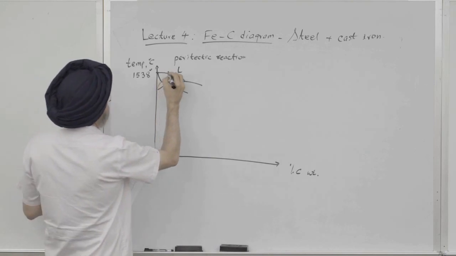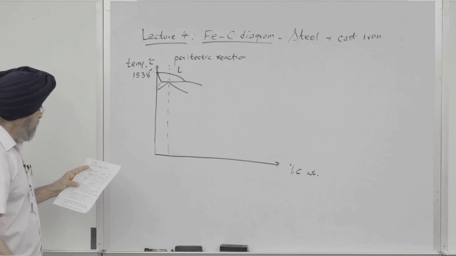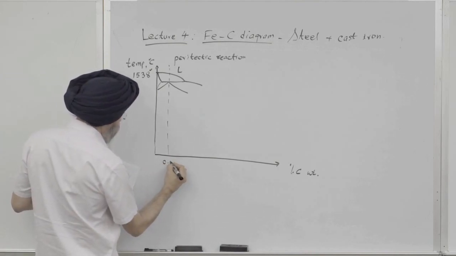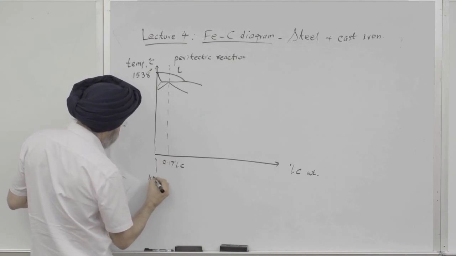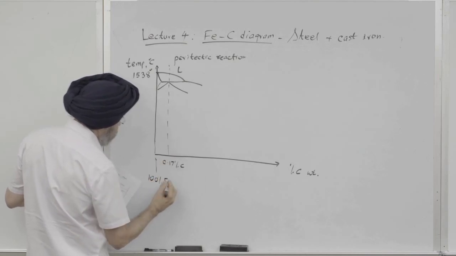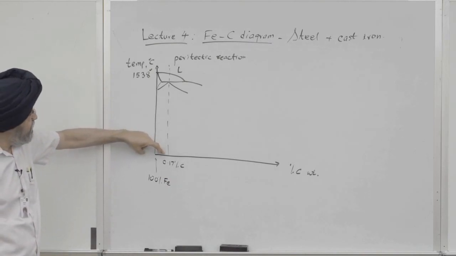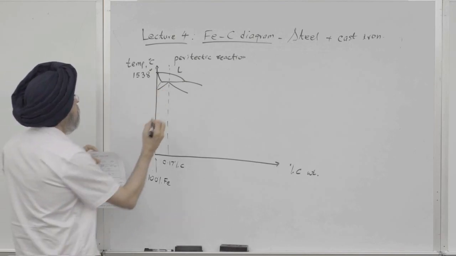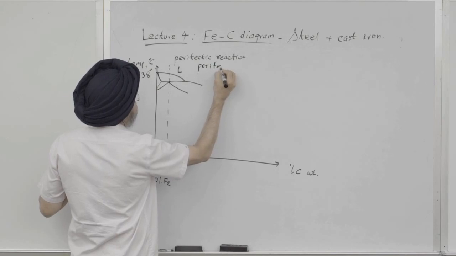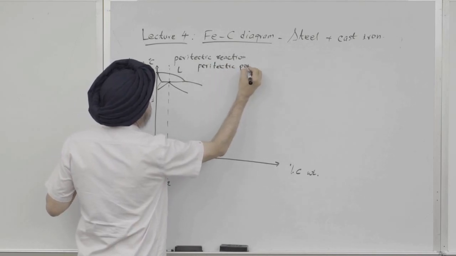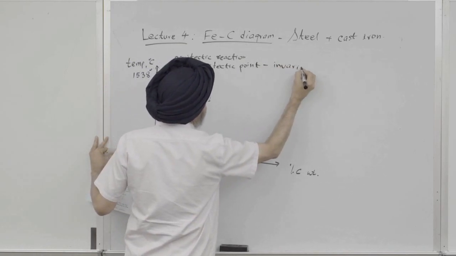Suppose I come down at this composition, which is 100% Fe. If I move a little bit to this side, I get to 0.17% carbon. That's what we call the peritectic point. So this is an invariant point.